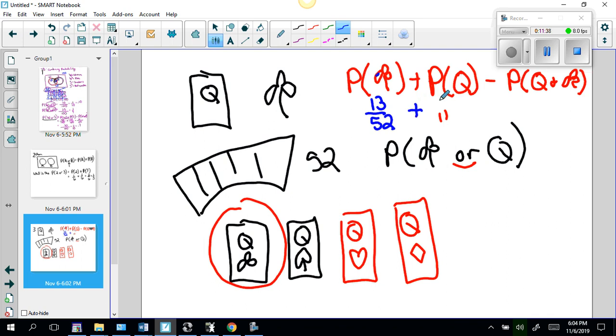Plus the probability of being a queen, 4 out of 52. Because there's 4 queens of 52. Minus my favorite. What's the probability of drawing a queen and a club, i.e. the queen of clubs? 1 out of 52, which is 16/52, and 8/26, ouch, 4/13, and then you could give me a decimal.